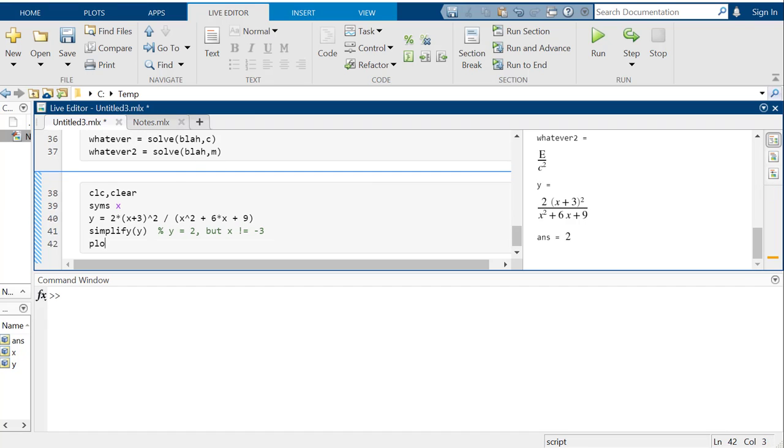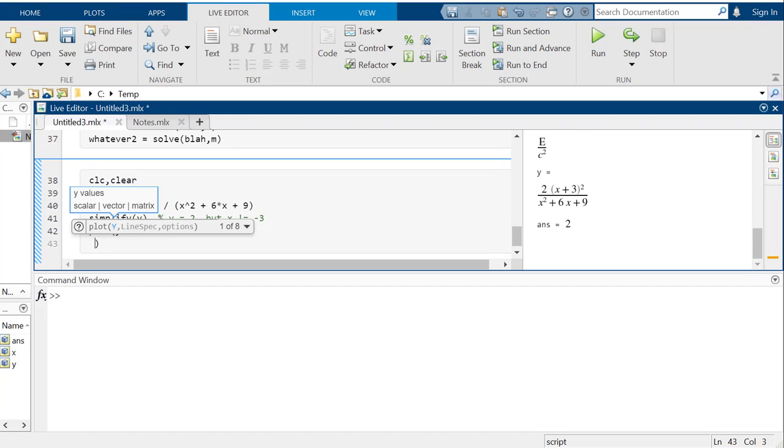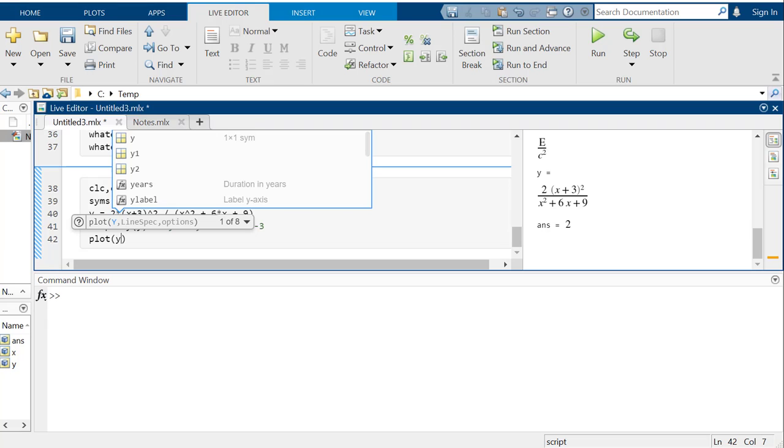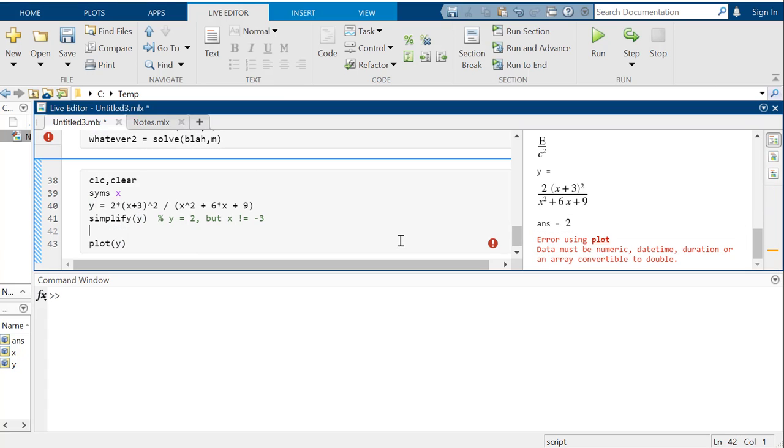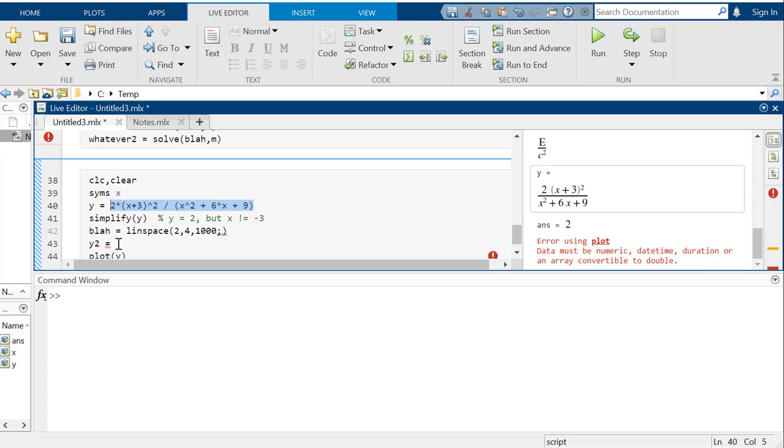So actually, if you plotted y, oh, it's not going to let me do that. I don't think it's going to let me do that. No. Let's do it this way. 2 to 4, 1,000 of those, and then y2 is going to be equal to this thing.